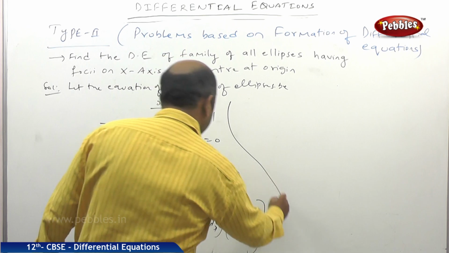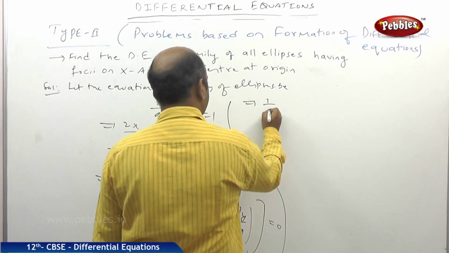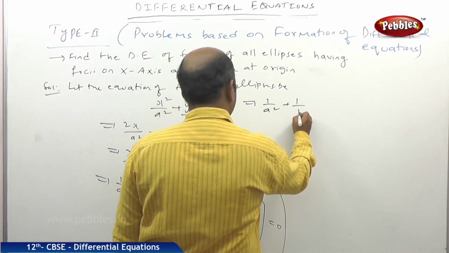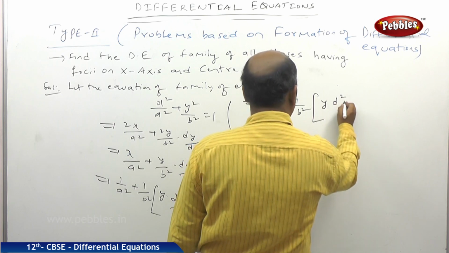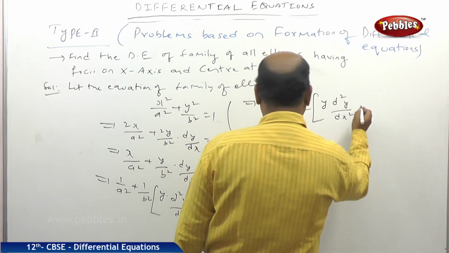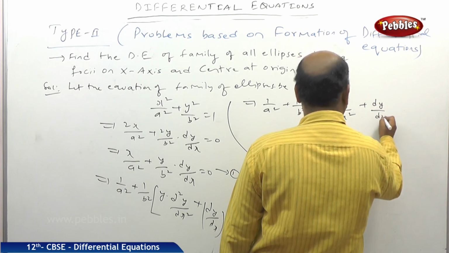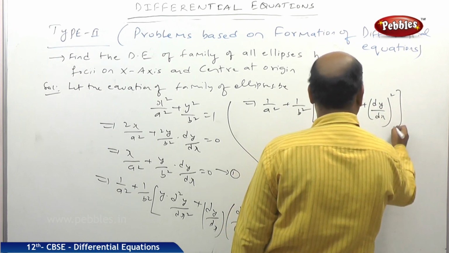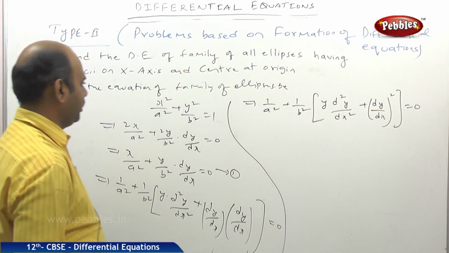I think it is clear to you. So finally, I am writing another step: 1 by a square plus 1 by b square into y into d square y by dx square plus dy by dx whole square equal to 0.